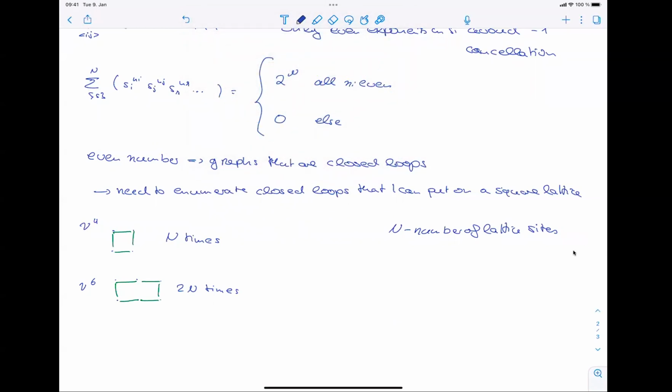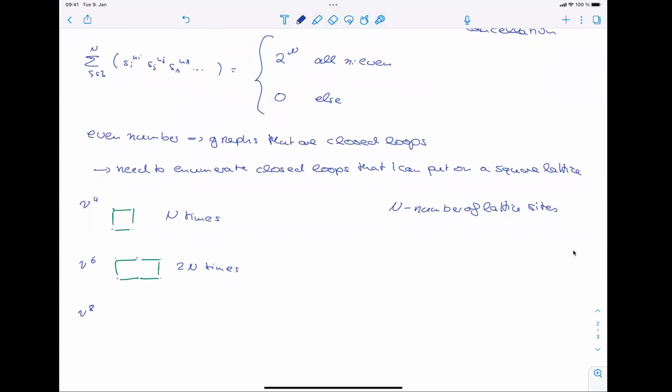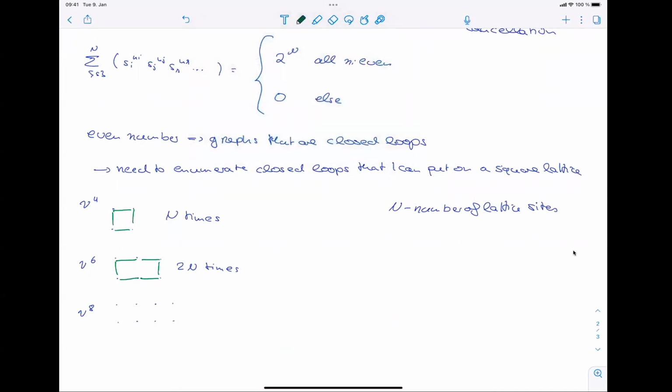And so v8: what I can do is have two loops, each built of 4 bonds. That makes a total of 8 bonds, but they're not touching.